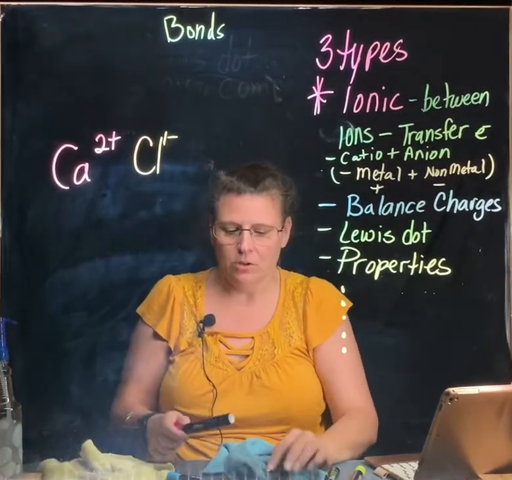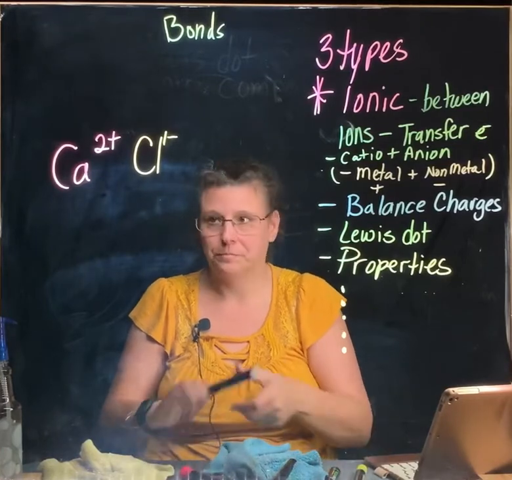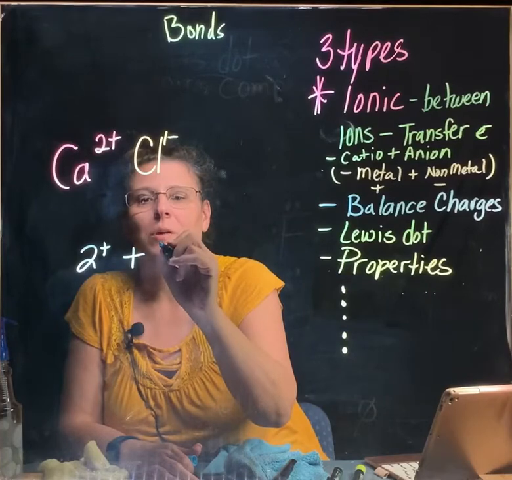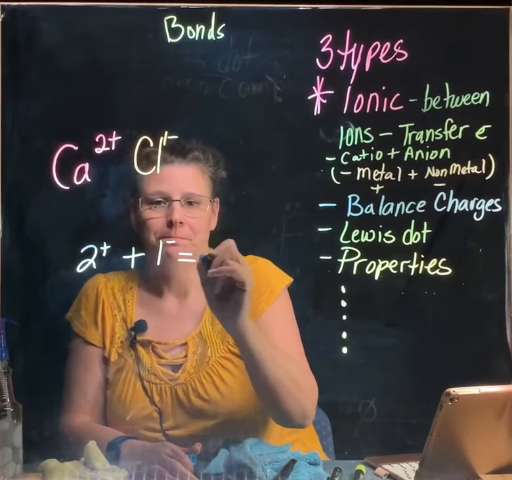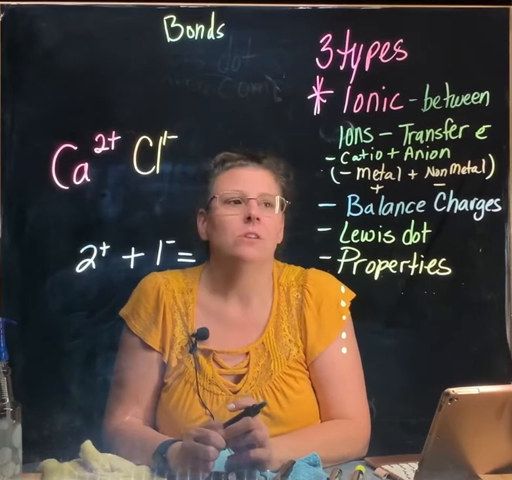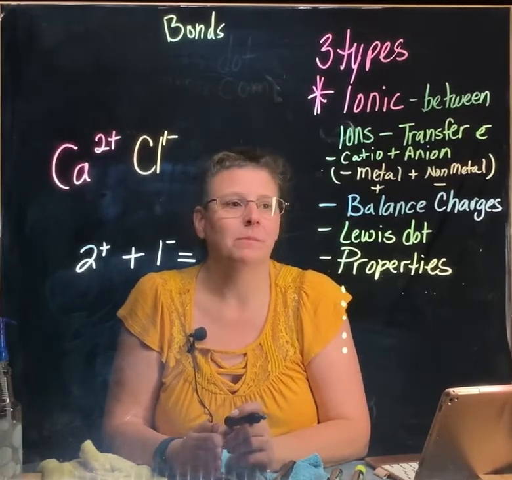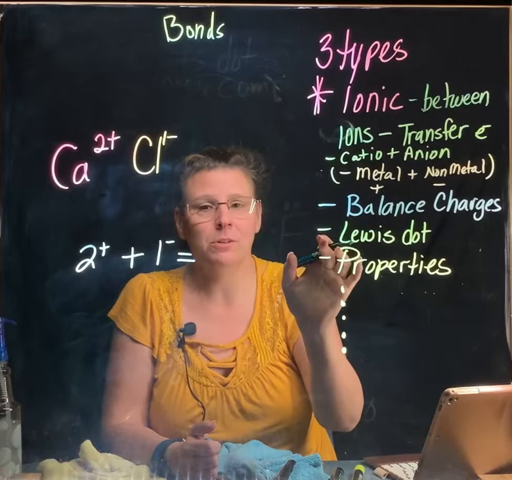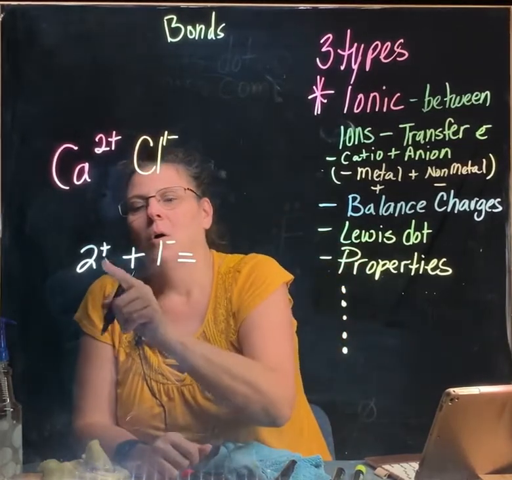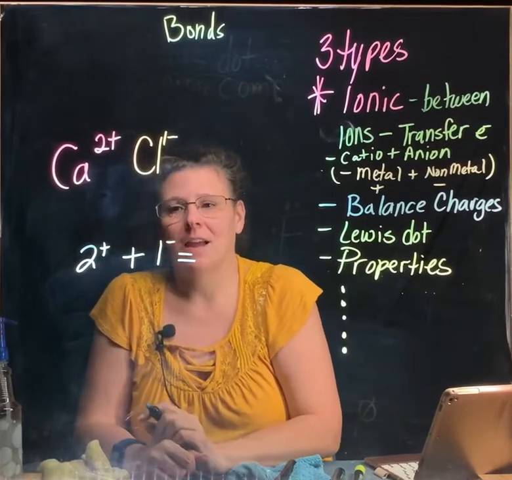Okay, so if I take this 2 plus and I add it to a 1 minus, my overall charge is not going to be 0. Okay, so how do we work with this? Well, I'm going to show you a Lewis dot, and then I'll show, well, actually I'll show you this first. How can I get this to balance out?